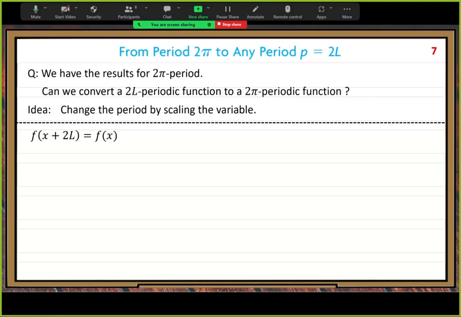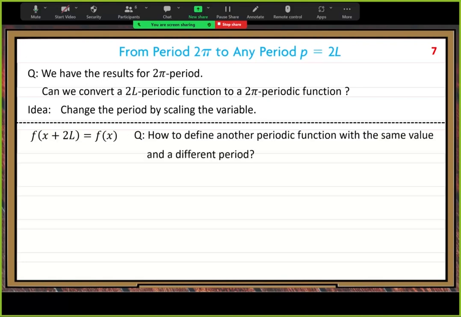Now we want to change the variable to get a 2 pi periodic function, so we can apply existing formulas. We have all the formulas for 2 pi periodic functions, so we use those formulas. Then we change back to the 2L periodic version.